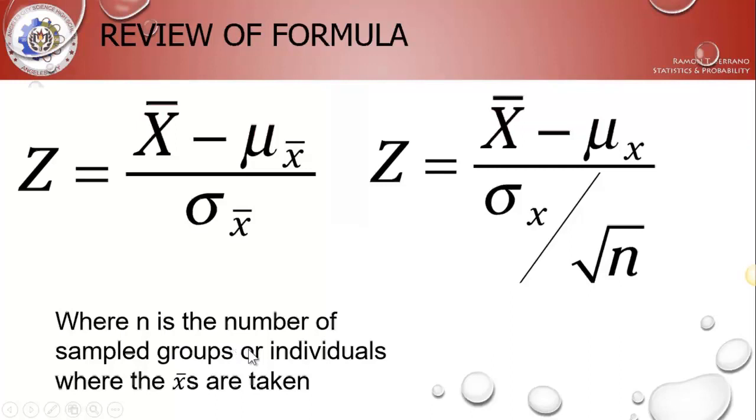Itong sample groups, let's say, nag-sample ka ng 20 sections at kinuha mo yung average height ng bawat section, then your n is going to be 20. Hindi yung total number of students, no? Or individuals naman. Pwede rin individuals.